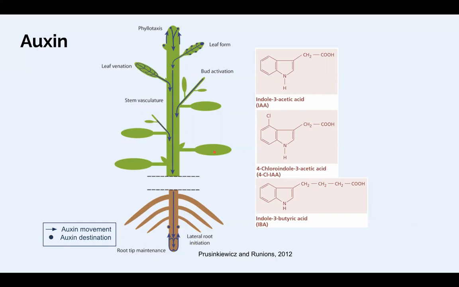So one of our later topics in the semester will be hormones, this sort of chemical signal from parts of the plant to other parts of the plant. One of the signals that keeps these side branches from growing out is thought to be this auxin hormone. So this is one of the big hormones controlling growth in plants.